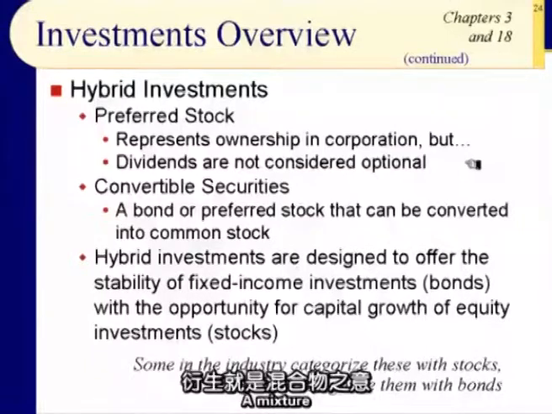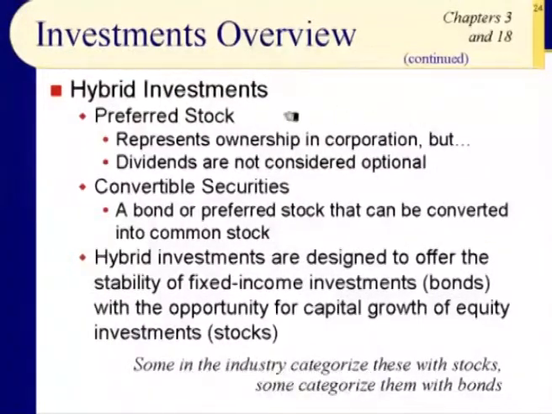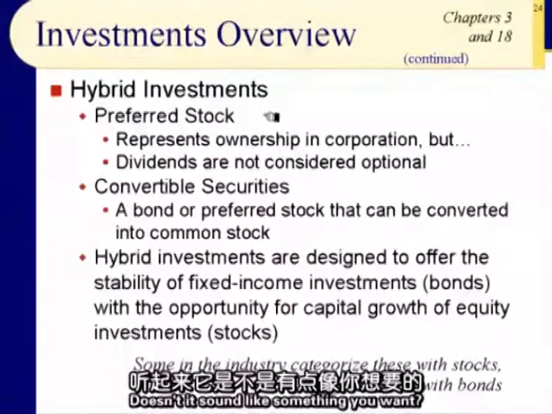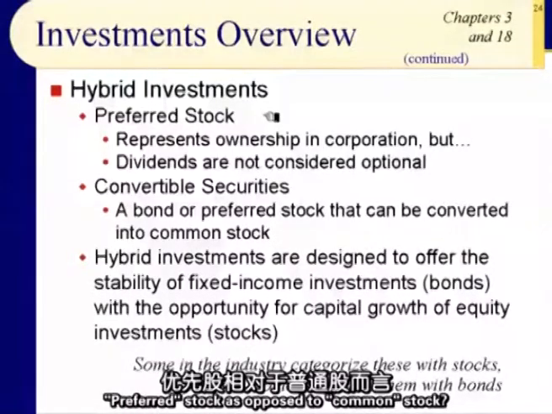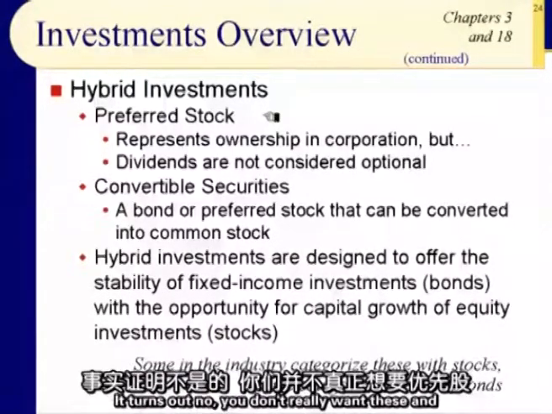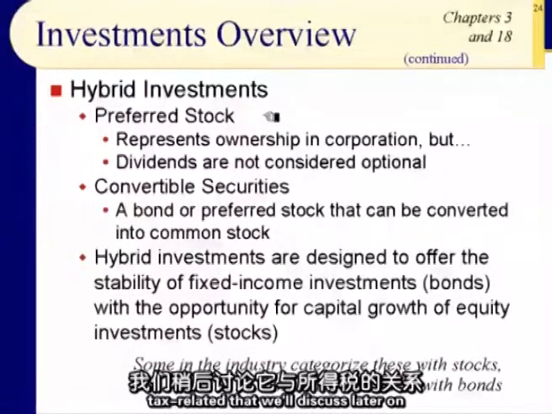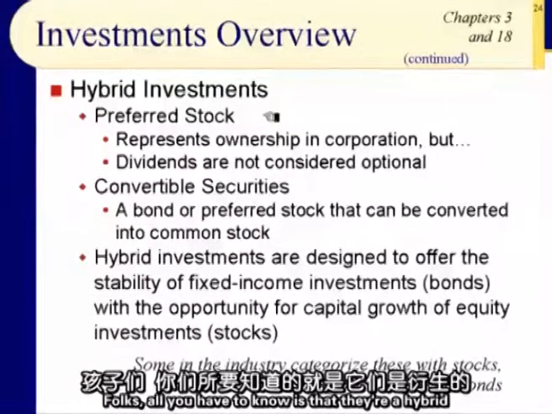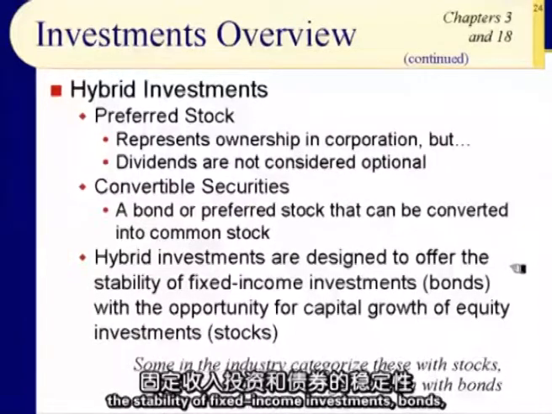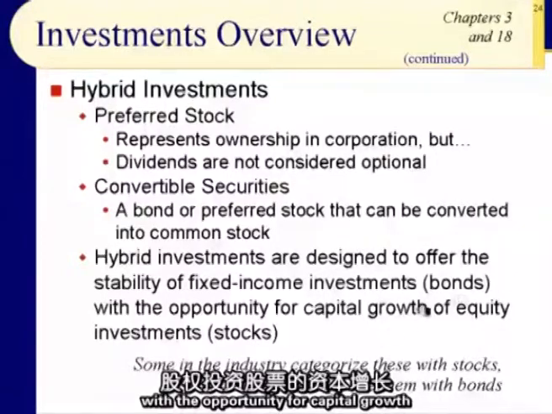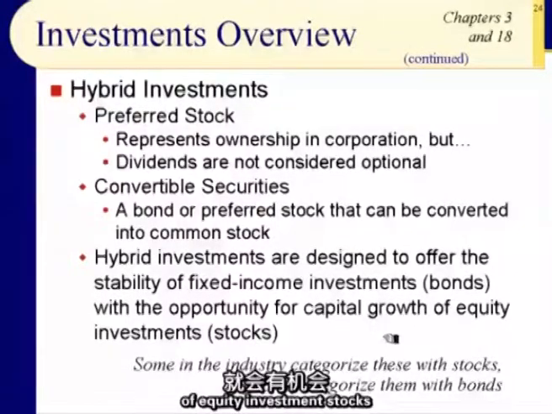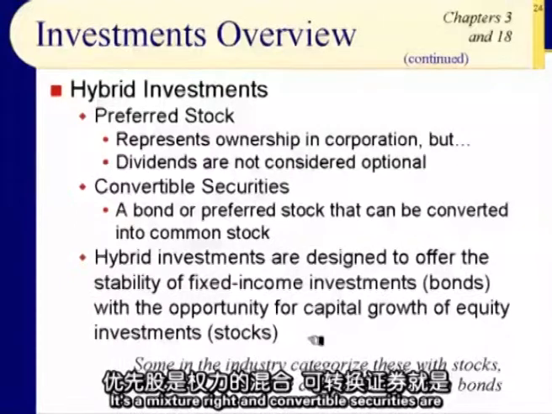Hybrid, a mixture. Doesn't it sound like something you want, preferred stock, as opposed to common stock? Well, it turns out, no, you don't really want these. And there are tax-related reasons that we'll discuss later on, folks. All you have to know is that they're a hybrid. They are designed to offer the stability of fixed income investments, bonds, with the opportunity for capital growth of equity investment, stocks. So it's a mixture, right?